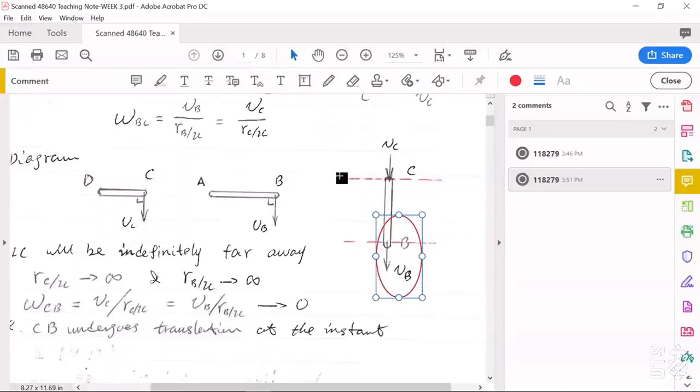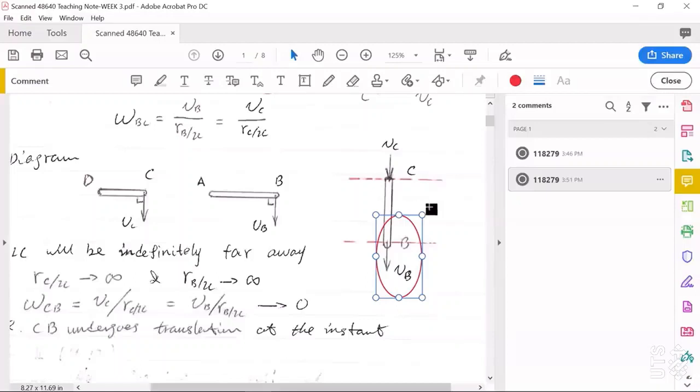So we have one line going through point C and perpendicular to VC, and another line going through point B, perpendicular to VB. These two lines must be parallel to each other, so they have no intersection point. So this means at this instant, no IC can be located for link BC.